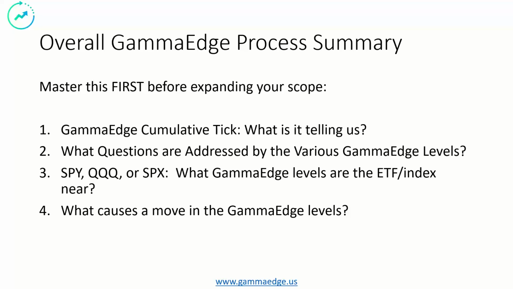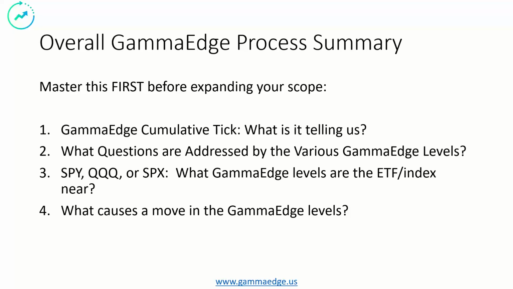What questions are addressed by the various GammaEdge levels? Again, go back and review those and understand what is happening when COI moves. What is happening when POI moves? What is occurring, and what can that tell us for moving forward? And what can we anticipate is going to happen in the overall market structure? SPY, Qs, or SPX, what GammaEdge levels are the ETF or index near?